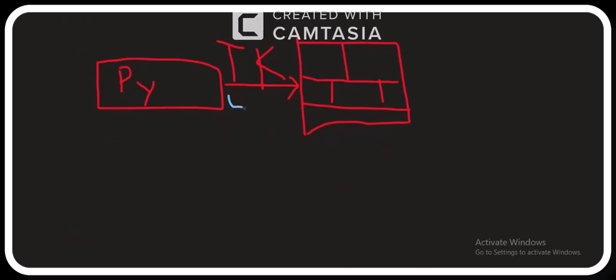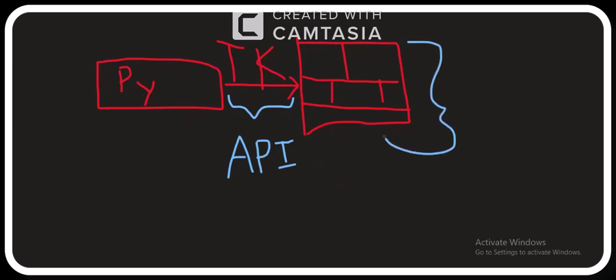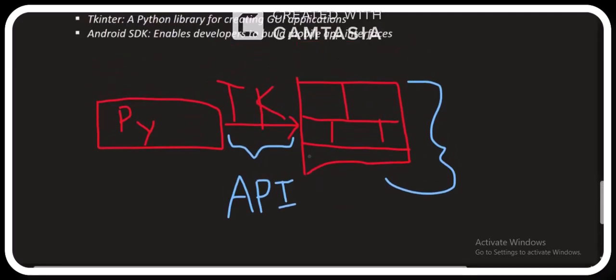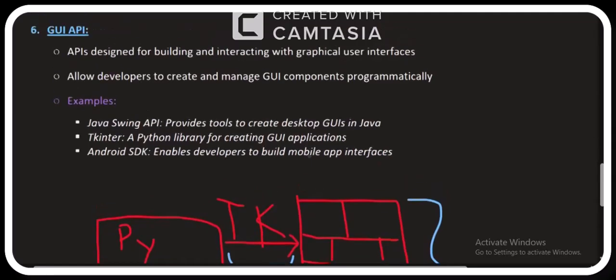So whatever is in the middle, this is an API. That's it, because this is the pathway, right? And this thing here can be anything. If it's hardware, this API becomes a hardware API. If it's a database, it becomes a database API, right? If it is somewhere on the internet, it becomes a remote API. If it's something to do with the web, it becomes a web API. GUI application, GUI API, right? That's how it works.